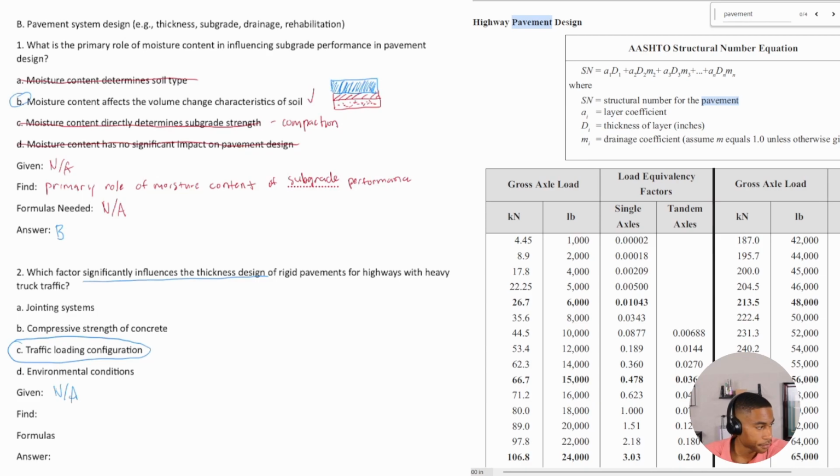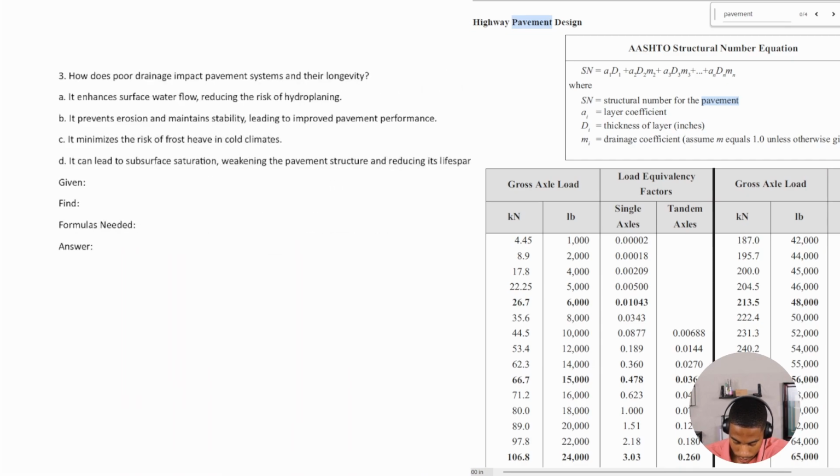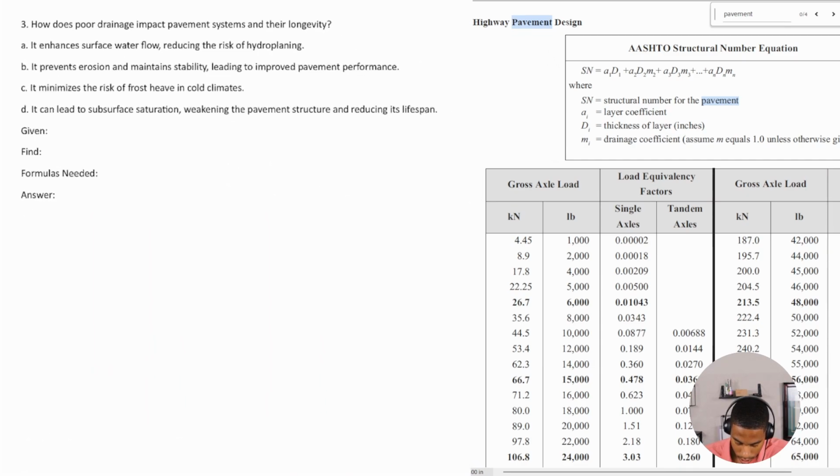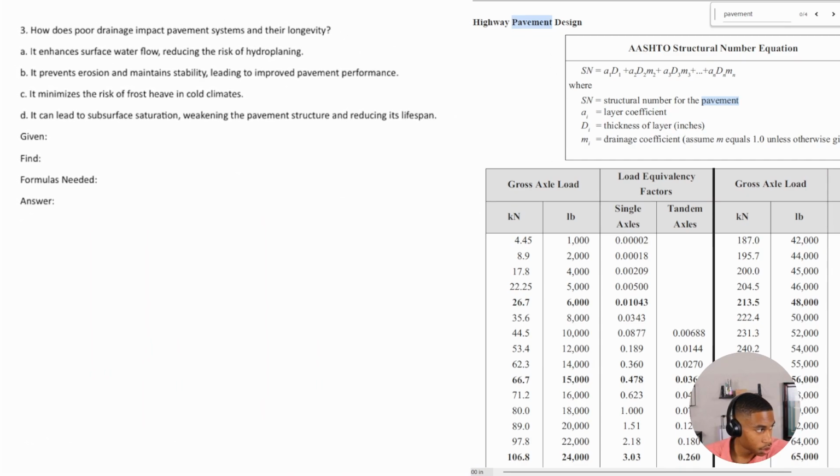All right, let's look at number 3. Number 3 says, how does poor drainage impact pavement systems and their longevity? What are we given? It's not applicable.